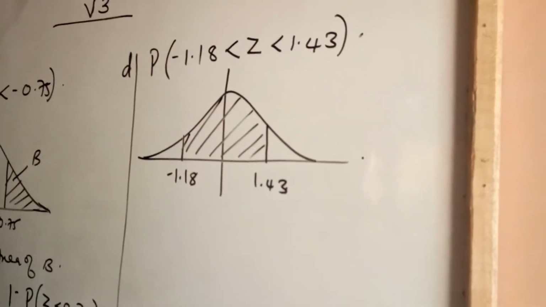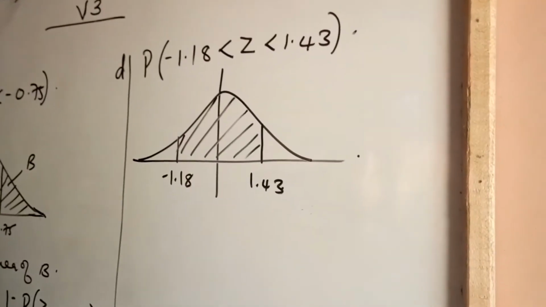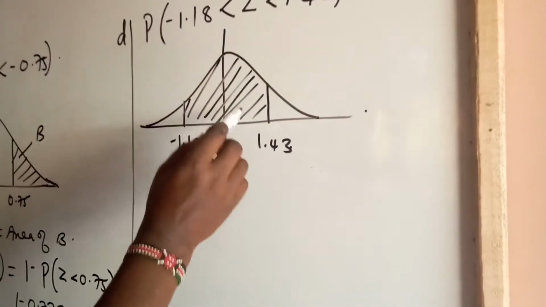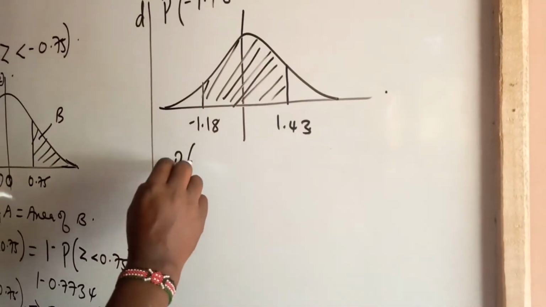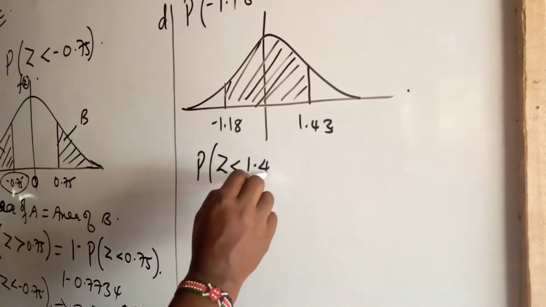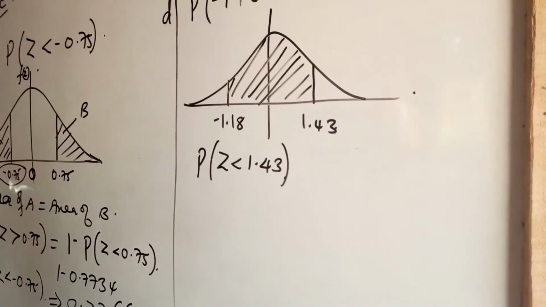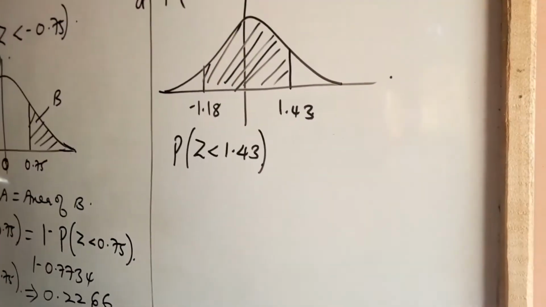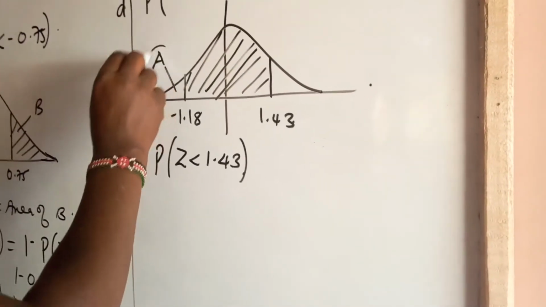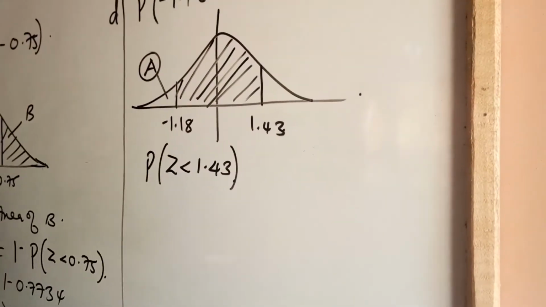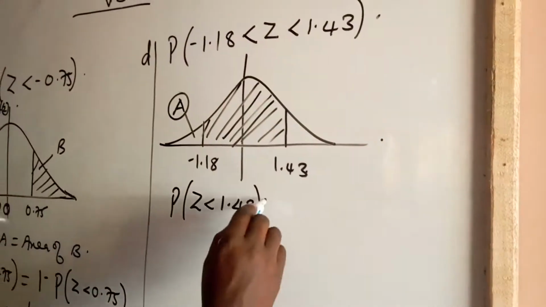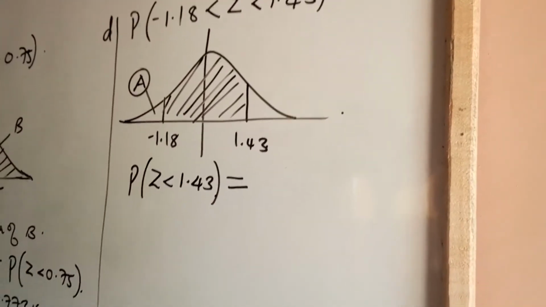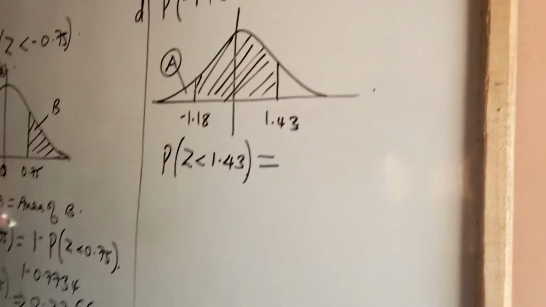Well, what do we do? If we calculate the area of z less than 1.43, that means we will get the area of the whole model up to there to the left. But we don't need this region, part A. We don't need it. That means we must come back and subtract it. But first of all, let us get the area of this, where the boundary is 1.43, page 201.